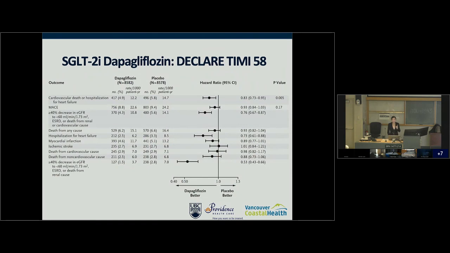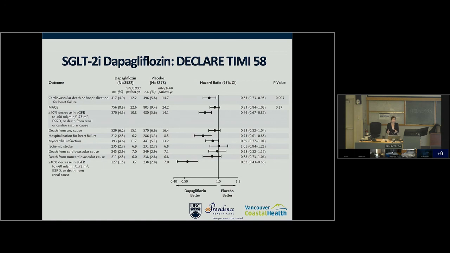Now, I forgot to mention, but in the very first study, the empagliflozin EMPA-REG outcome study, 100% of those patients had established CAD, whereas in the second one that I talked about, CANVAS, about 67% of people had CAD, so secondary prevention, whereas dapagliflozin in the DECLARE TIMI 58 study looked at patients from both the secondary prevention group and also the primary prevention group, in that about 40% of patients had established cardiovascular disease and 60% did not.